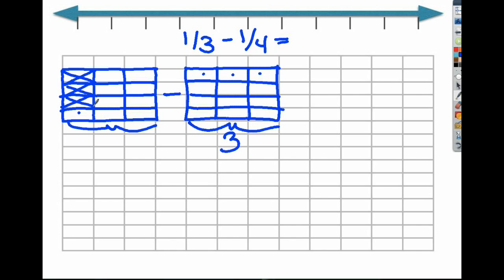I have 1 dot left out of how many total? It's pretty easy, isn't it? So you have 1/12. 1/3 minus 1/4 equals 1/12.